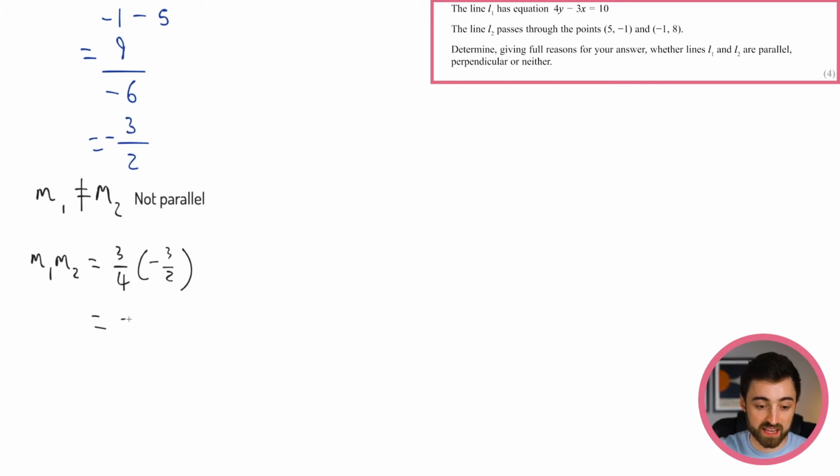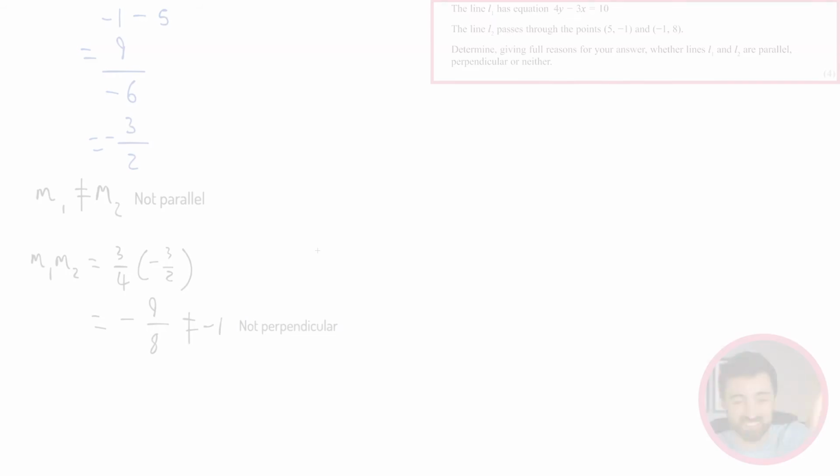Well, I get a minus here. 3 times 3 is 9. 4 times 2 is 8. It's not minus 1, is it? So they're not perpendicular either. So they are neither. And I think that's it for 4, to be honest.